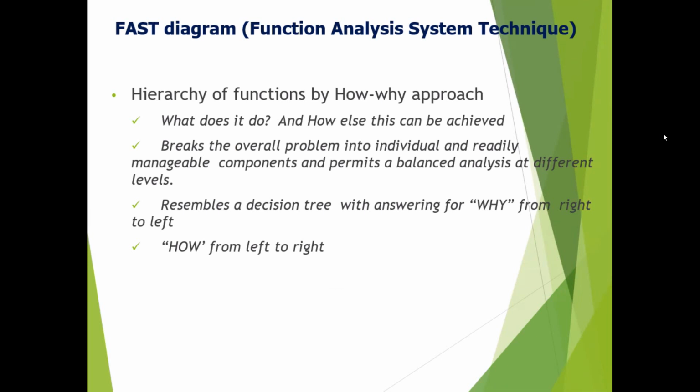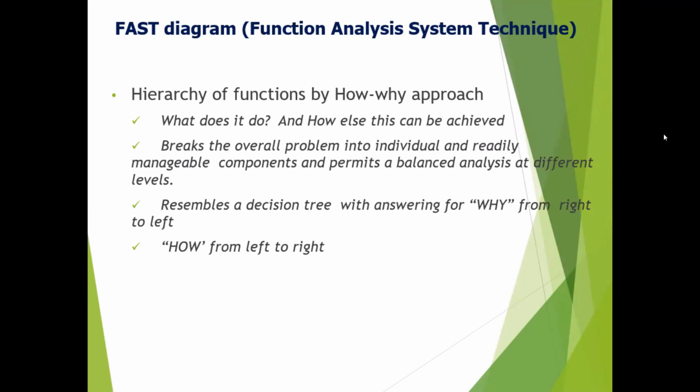If so, we can remove this, isn't it? So what does it do and how else can this be achieved? It breaks the overall problem into individual and readily manageable components, and so that permits a balanced analysis at different levels. At every level go for the possible segregation of functions.